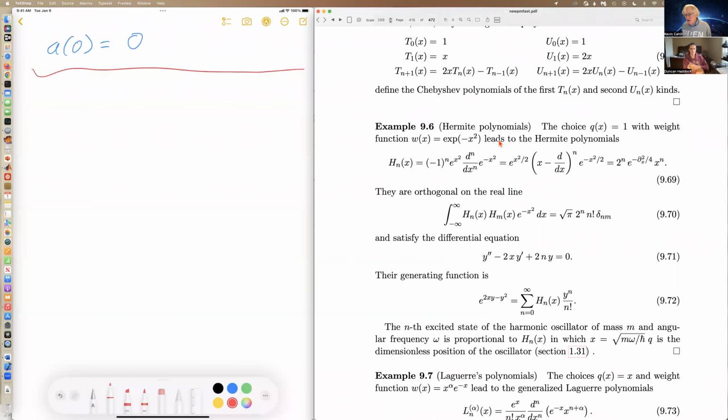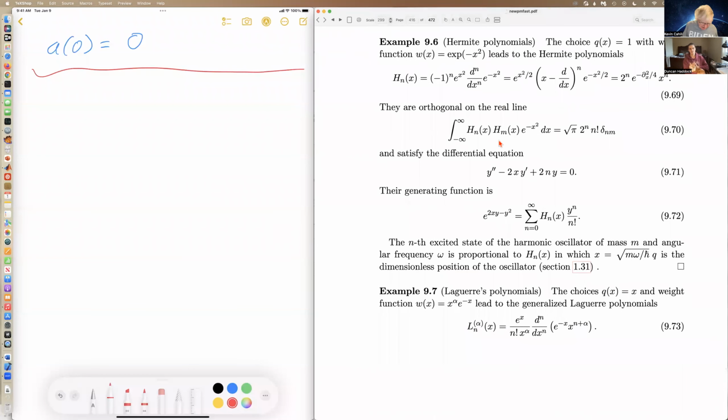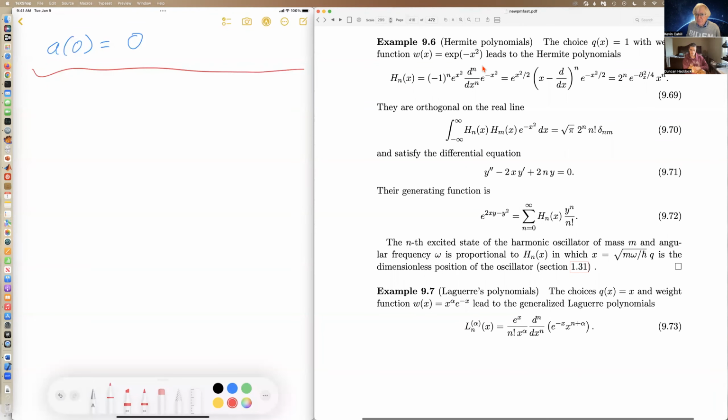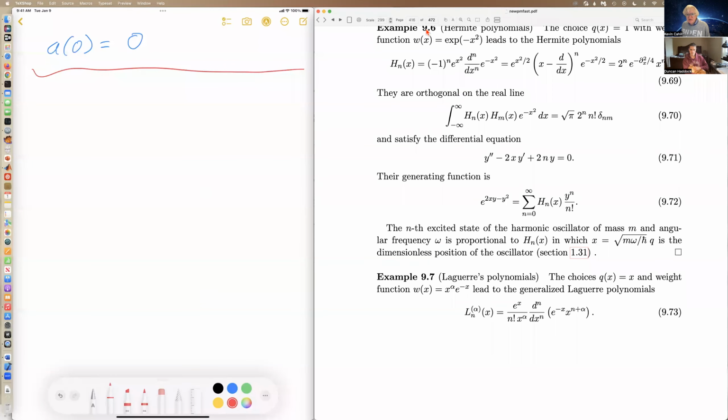The Hermite polynomials, these are the ones that occur in the harmonic oscillator for quantum mechanics. There you just choose q equal to 1, and you have a weight function, which is a Gaussian, and then the Rodrigues formula gives you this, and you can rewrite it in this form or equivalently in that form.